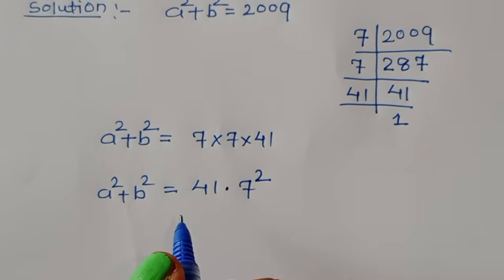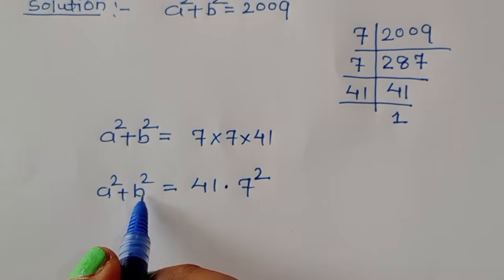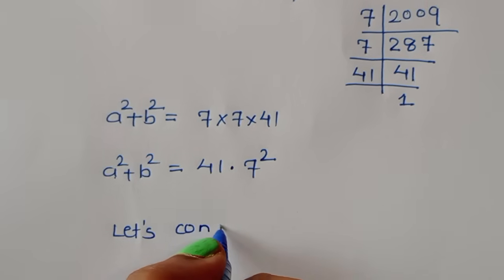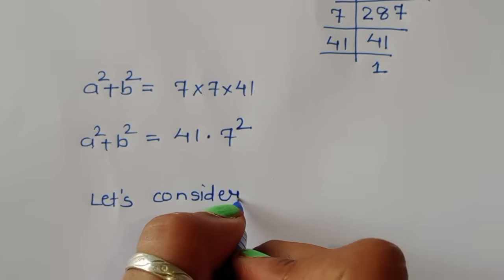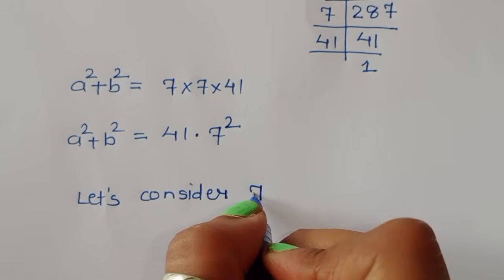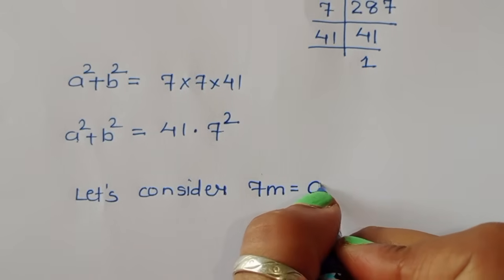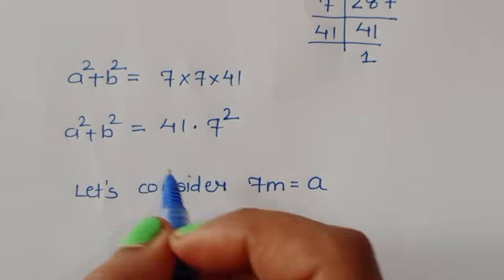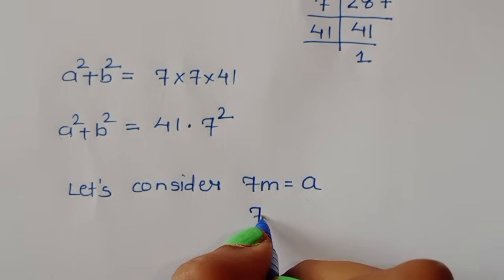Now we can consider this is a and this is b. So let's consider a equal to 7m, and b equal to 7n.